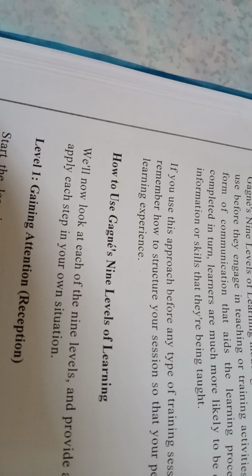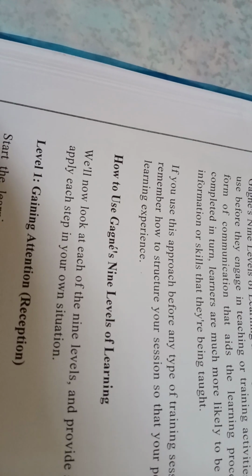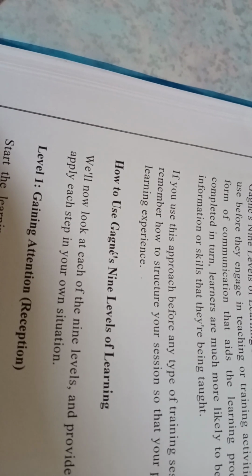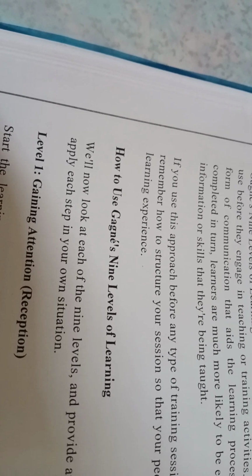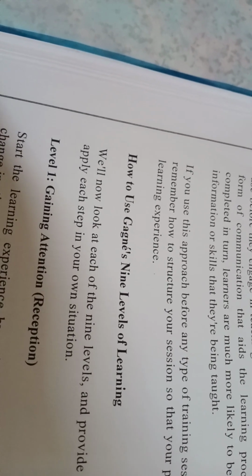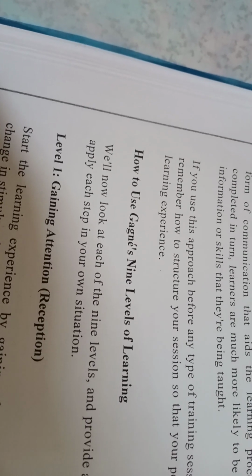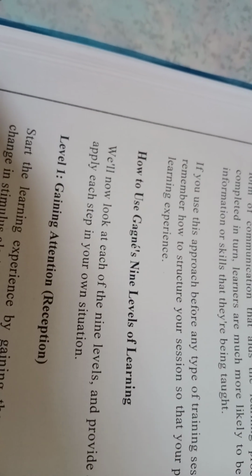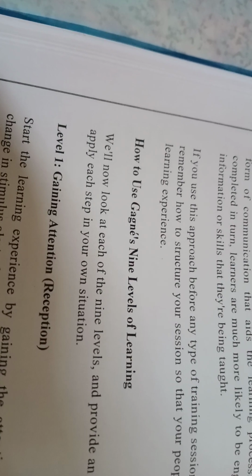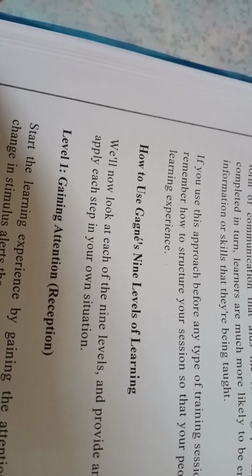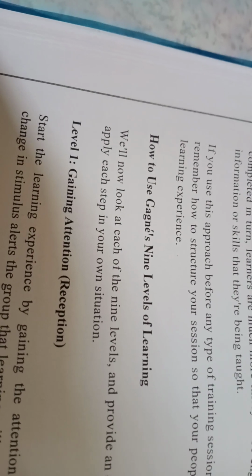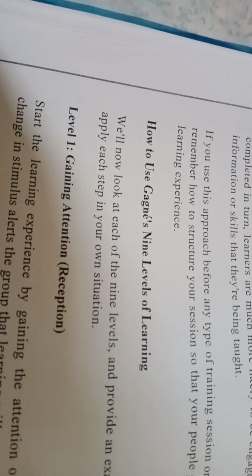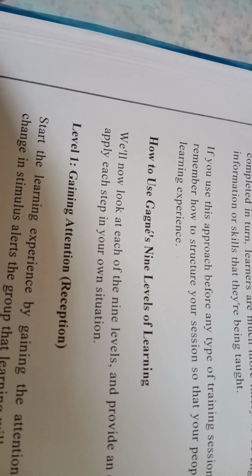When each step is completed in turn, learners are much more likely to be engaged and retain the information or skills that they are being taught. If you use this approach before any type of training session or presentation, you'll remember how to structure your session so that your people get the best possible learning experience.